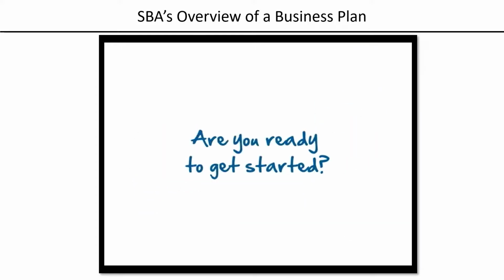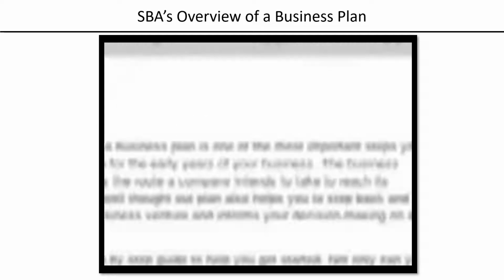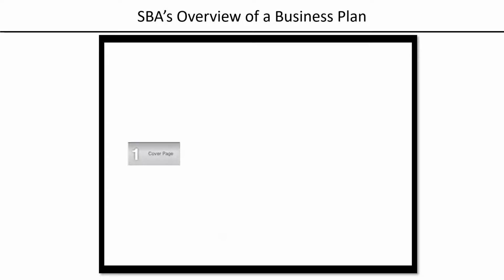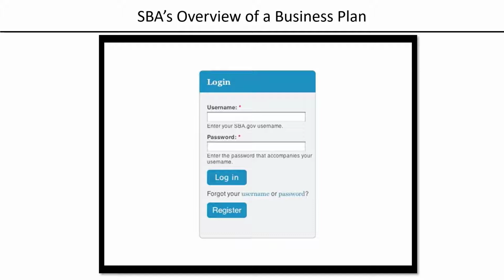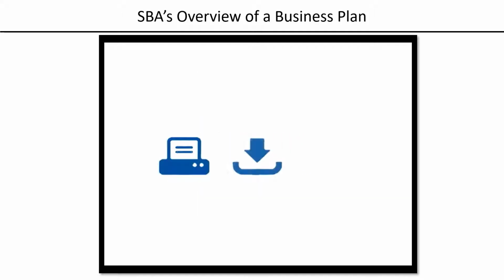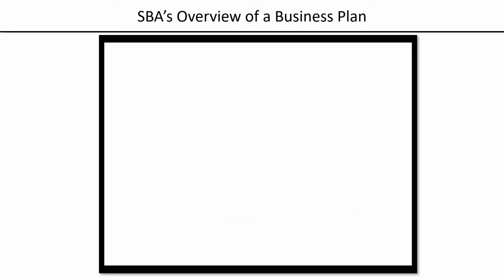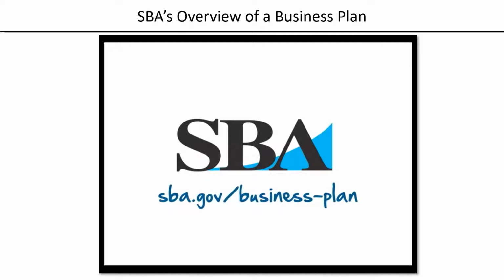Are you ready to get started? Build your customized business plan using SBA's free step-by-step tool. It'll help you navigate each section and enter your information. You can even save your plan and finish it later. Print, download, email, and update your plan anytime. Try out SBA's Build Your Business Plan tool at sba.gov/businessplan to get started today.